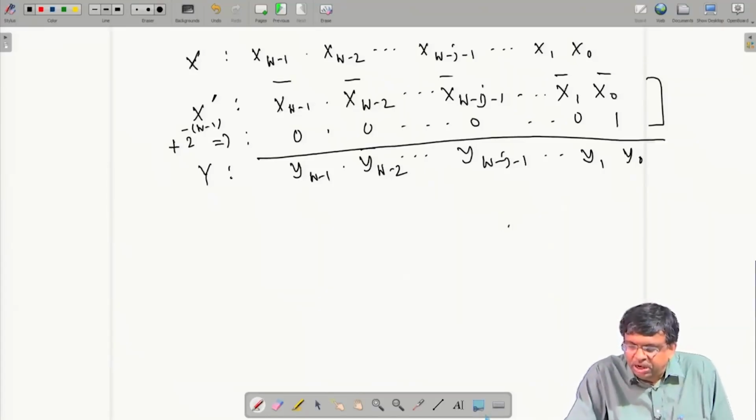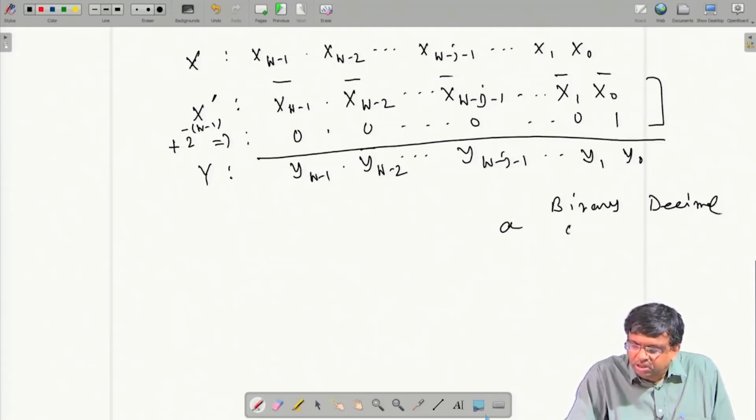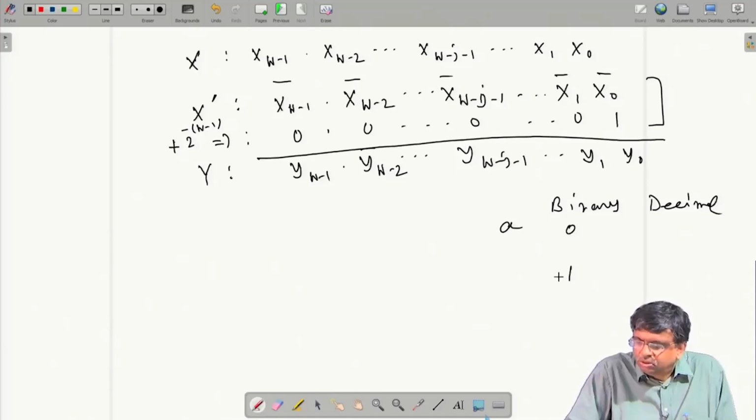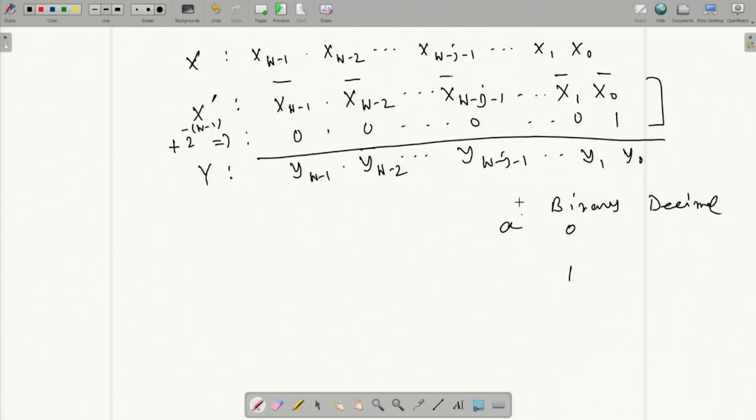Suppose there is a binary variable a, binary domain and decimal domain. It can either be 0 or 1. Okay. Then a bar, if a is 0, then I know what will be a bar. A is 0 1 and here it is 0 1, no problem.